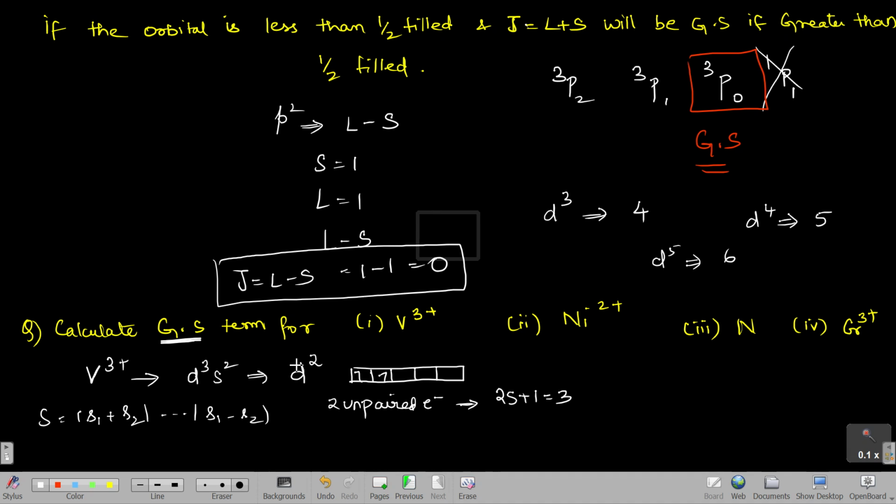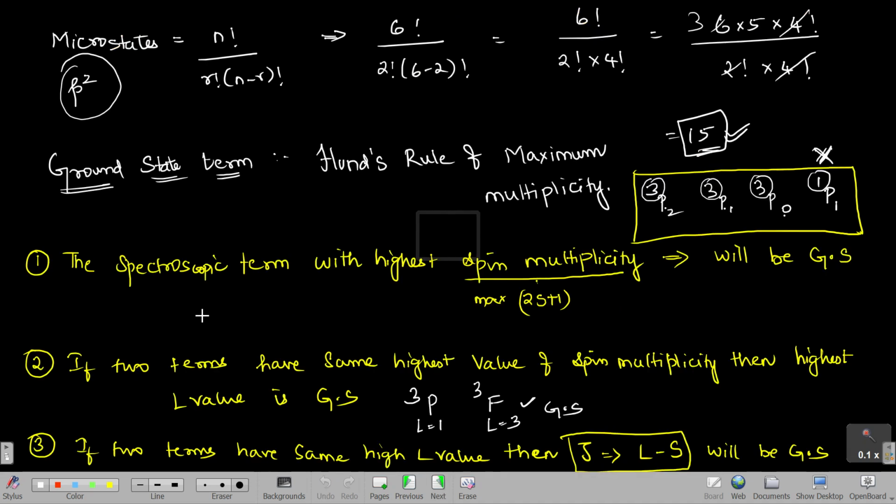So now since here there are two unpaired electrons, the 2S plus 1 value we can find directly as 3. And then the L value. So here this is plus 2, this is plus 1. So 2 plus 1, 3. Right, so basically the maximum value only we take. Since it's ground state term, you need the highest.